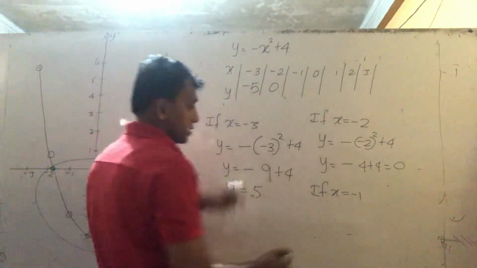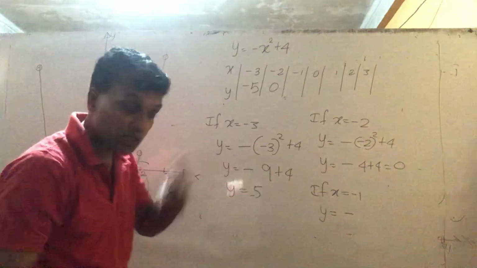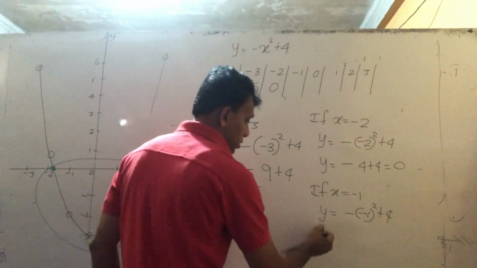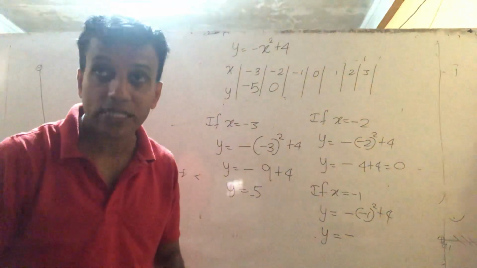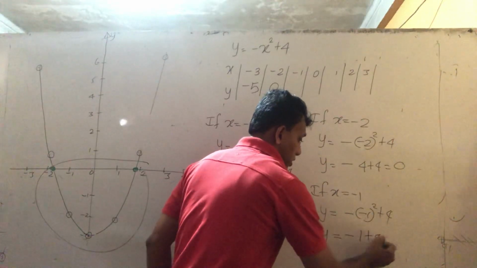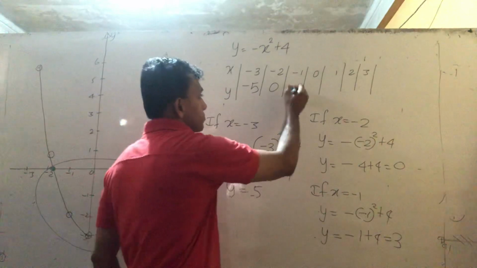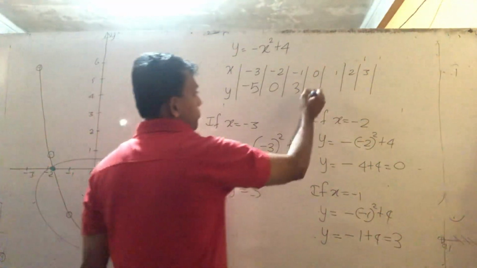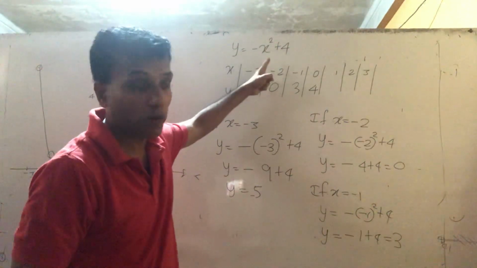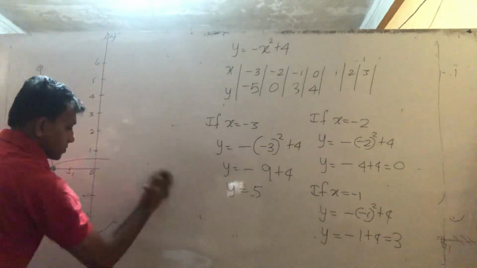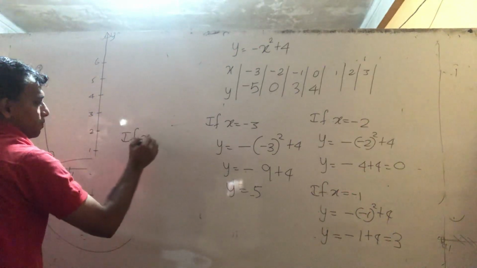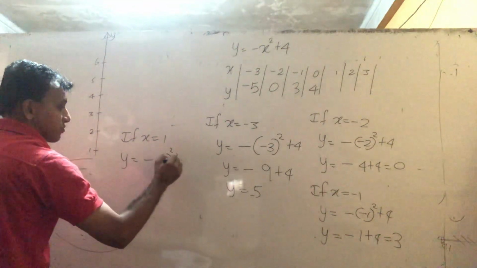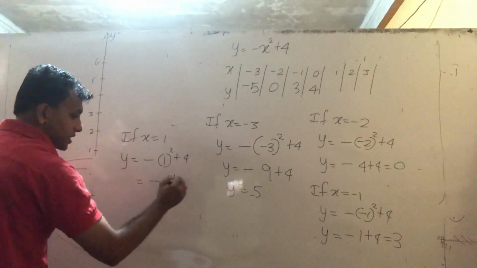So if x equal -1, what is that? y equal minus, outside minus, x for minus 1 square plus 4. So what is that? Minus 1 square is plus 1, so -1 plus 4 is 3. Put x for 0: there is no minus 0, x 0 means everything 0, so it comes 4. And put x for 1. If x equal 1, what is y? y equal minus x for 1 square plus 4. Minus 1 square is 1, so -1 plus 4, that is 3.